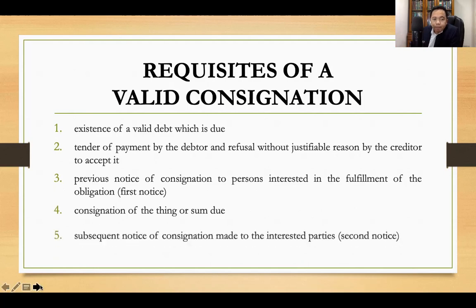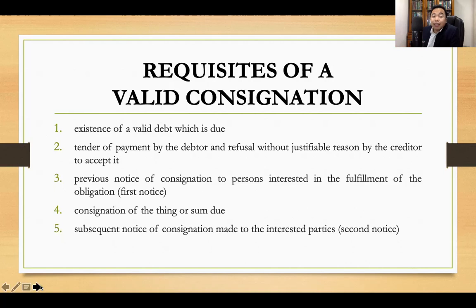Okay. And then fifth, there must be a second notice. The second notice is the subsequent notice of consignation made to the interested parties. So again, you have to notify first that you are consigning the property because there was an unjustifiable refusal on the part of the creditor to accept the payment.